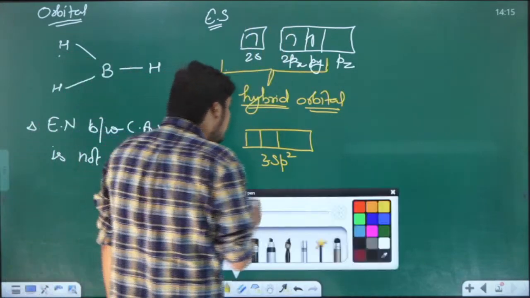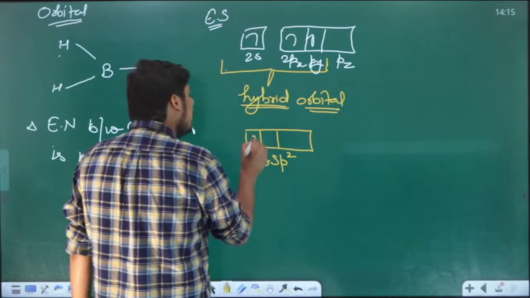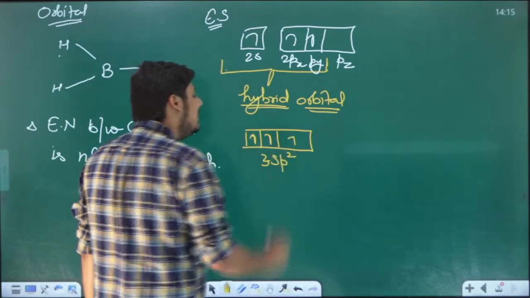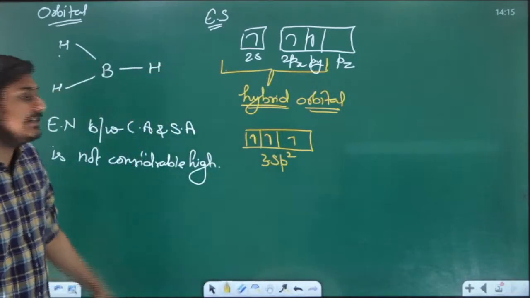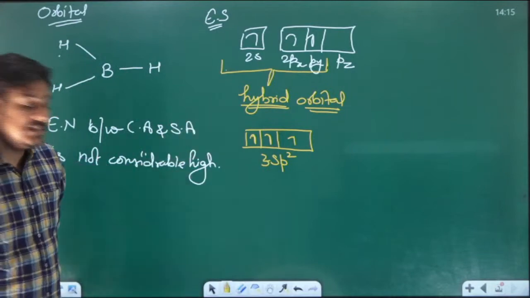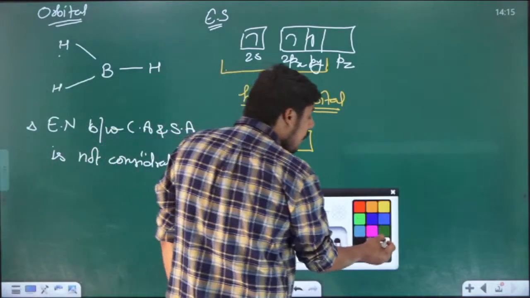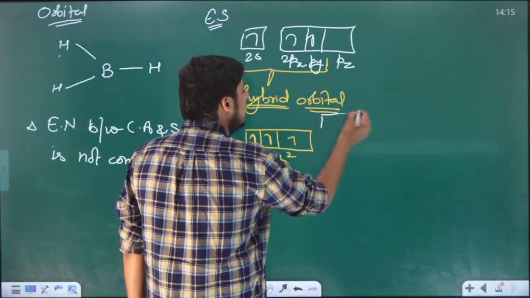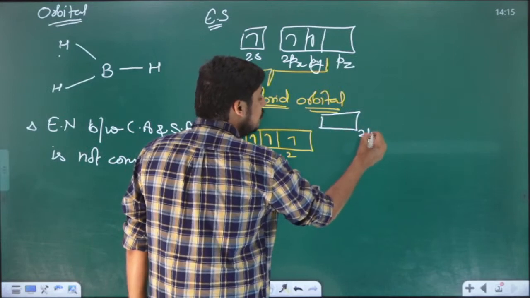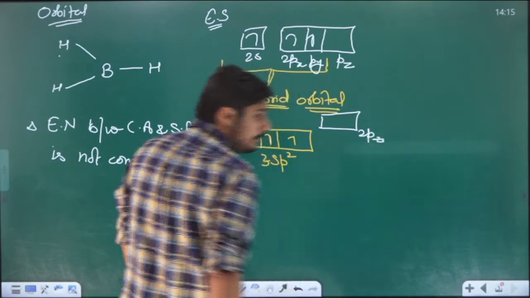After this hybridization, these single electrons will lie in the newly formed degenerate set of 3 sp2 orbitals, and we will still have a vacant 2p orbital of slightly higher energy. This 2pz is still vacant over here.